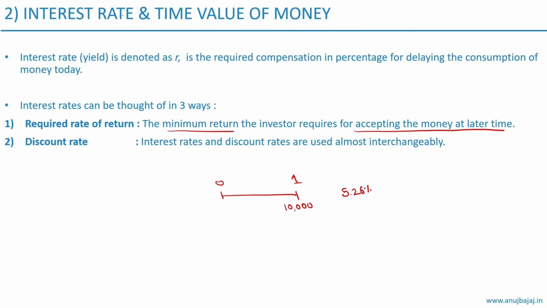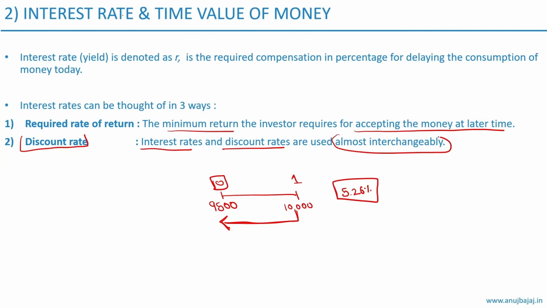Now if I were to ask you what is the value of this $10,000 at time 0, that is, what is the value of the $10,000 today, then we could use this interest rate to pull the amount back, to discount this amount back to time 0, and we would have got 9,500. So 5.26% can also be thought of as the discount rate. Throughout your CFA studies, you will find that interest rates and discount rates are used almost interchangeably.